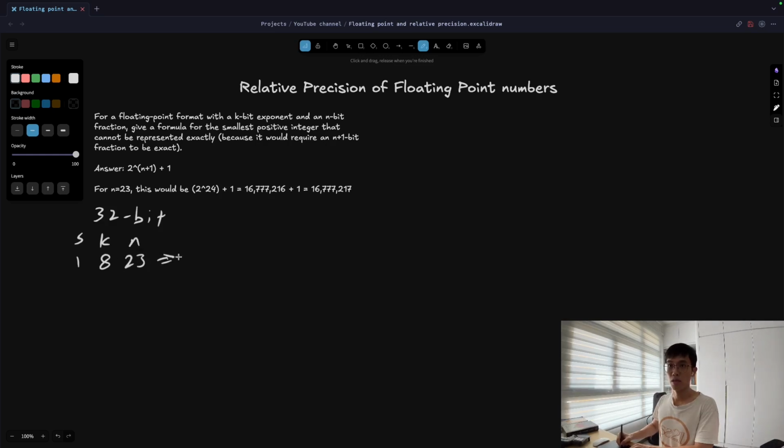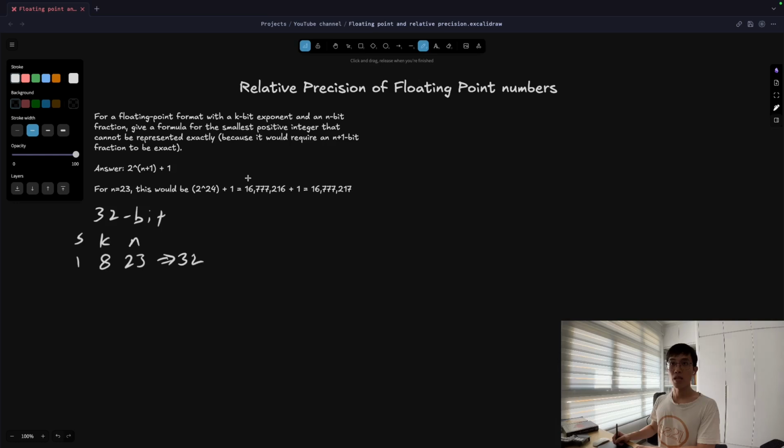That gives 32. So the question in particular uses a 32-bit floating point in the IEEE 754 specification, but this applies to, well, any floating point representation following the specification, even though the specification only specifies certain numbers of bits. Regardless, we are going to talk about 32-bit.